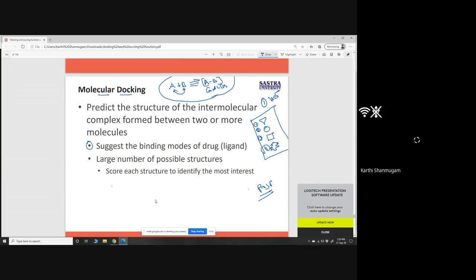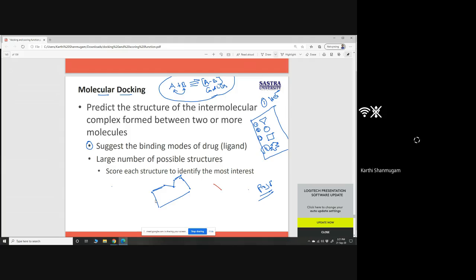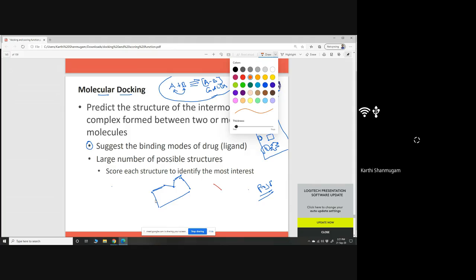So I just want to give another example for this pose. Say again, I am taking the same binding pocket architecture. This time I just wanted to use three different colors. So this is my first molecule.